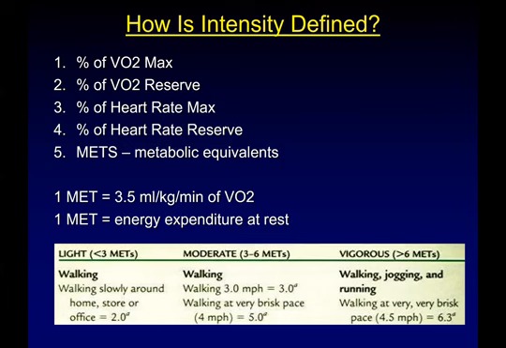Anything above that, all right? So 6 metabolic equivalents is about 21 mLs per kg per minute. Most of you guys have a max VO2 of, I don't know, somewhere around 35 or 40 or 50. And so moderate intensity stuff like walking is rarely going to be more than half of your VO2 max, okay?